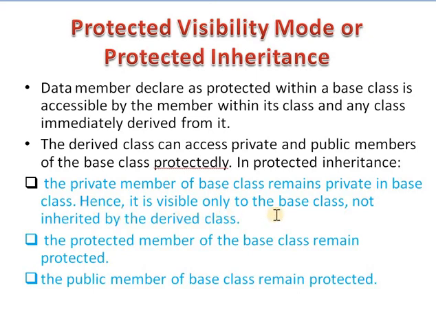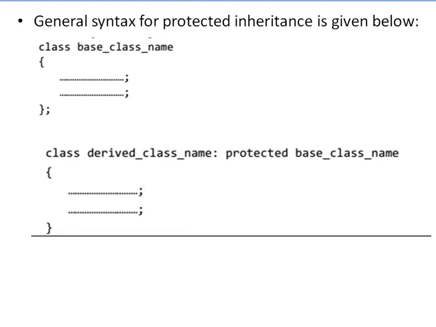Hence, it is visible only to the base class, not inherited to the derived class. Then, the protected member of the base class remains protected as it is, and public members of the base class remain protected.